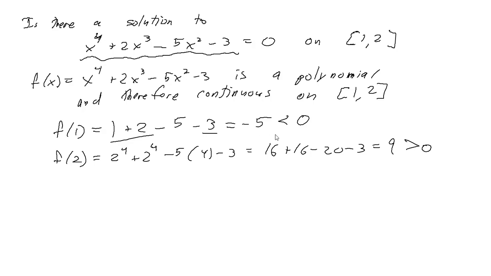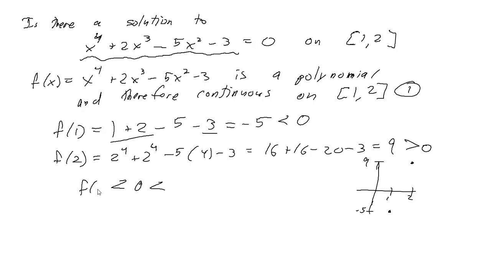So we have our function value at negative 5 when x equals 1, and our function value at positive 9 when x equals 2. Let's say this is negative 5, and this won't be to scale, but we'll say this is 9. From 1 to 2, it's going to have to cross somewhere in between there because it's continuous. So the first condition is that we have a continuous function on 1, 2, and then here this is our value k, between our f of 1 and f of 2.